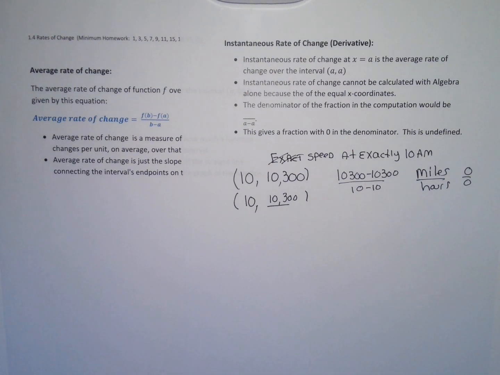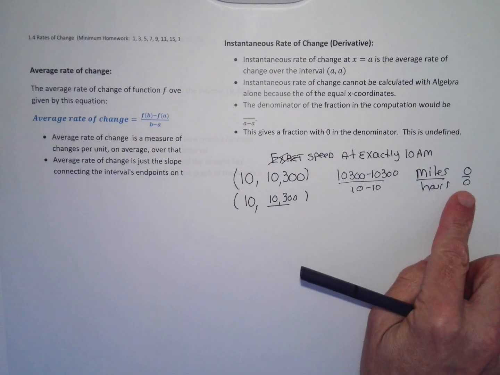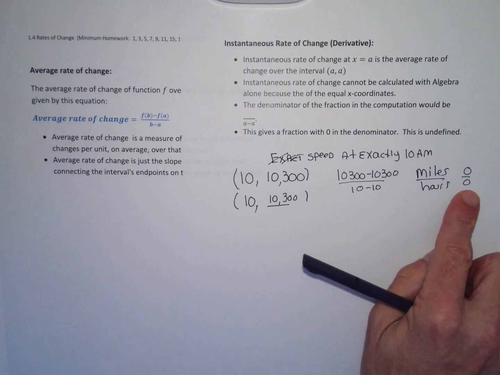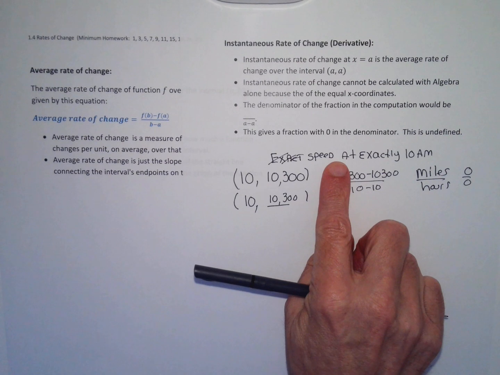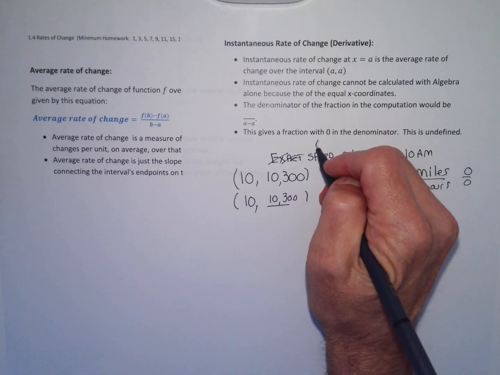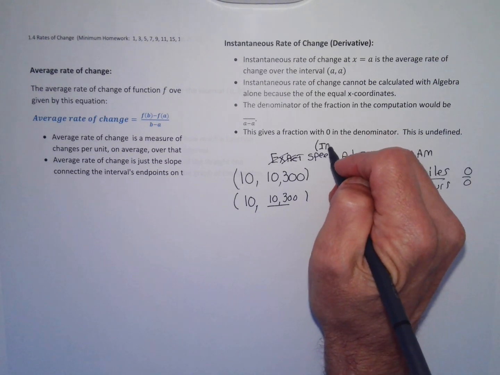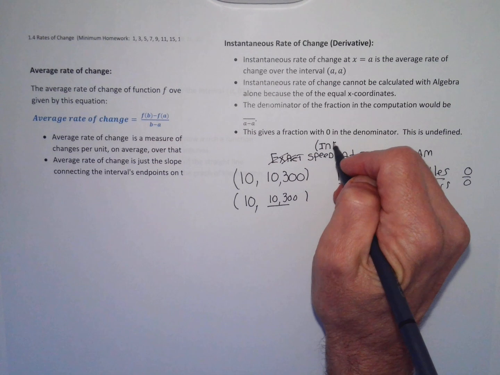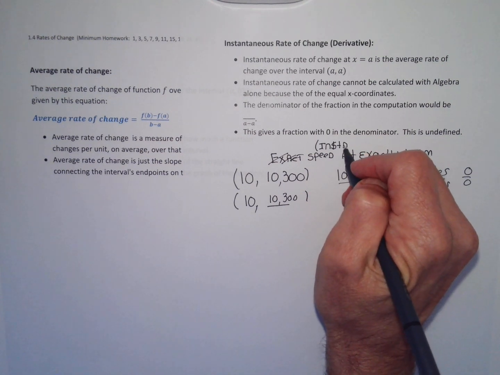That's good because that's the indeterminate form. This means if I had an equation, maybe there's some sort of algebra. To get the exact speed at exactly 10 a.m., this is now called, instead of the average rate of change, the instantaneous rate of change.